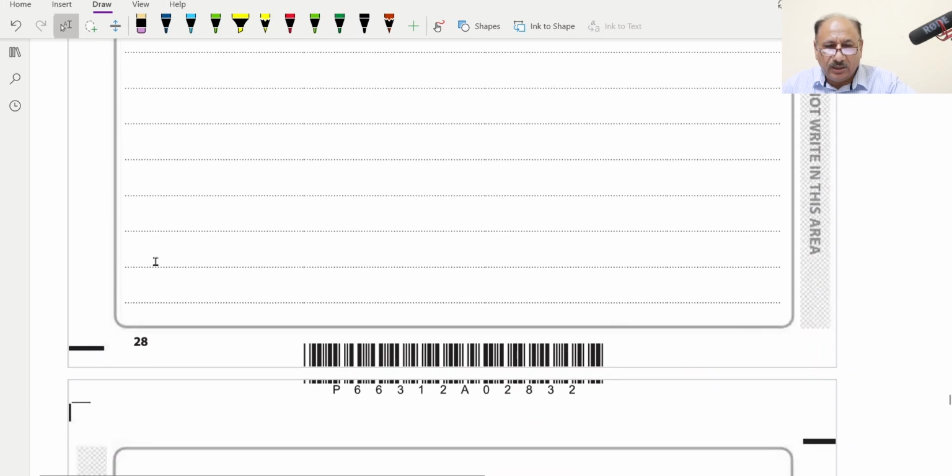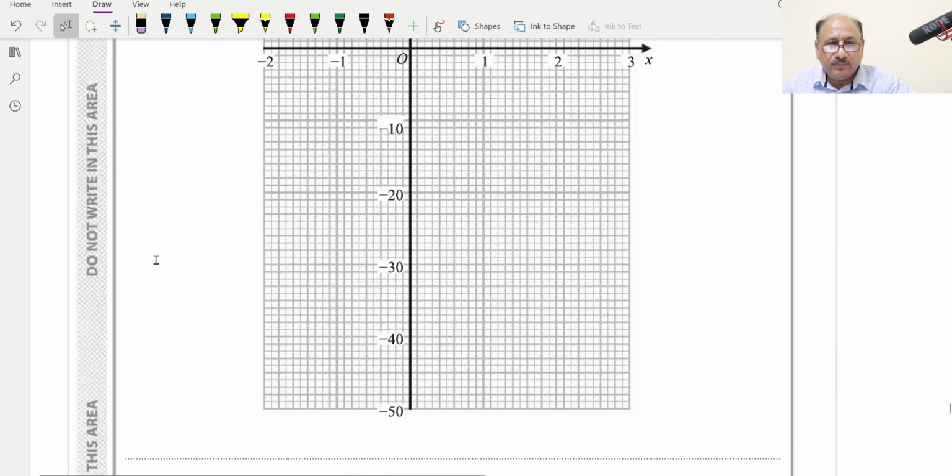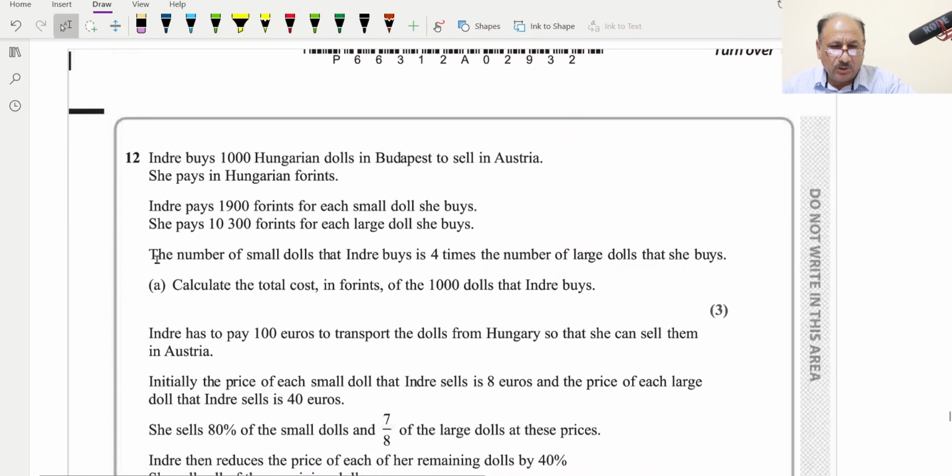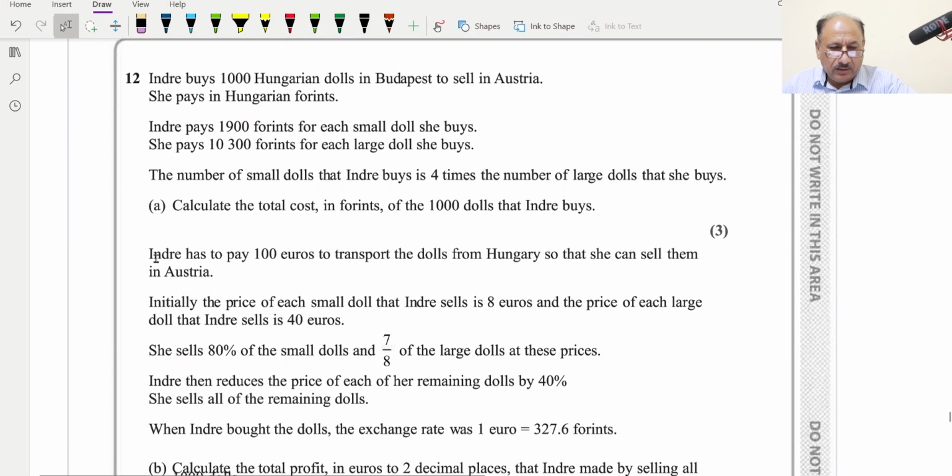Now we can move to the last question of this paper, which is question number 12, and this is also a tricky question. If we go through the question, Inder buys 1000 Hungarian dolls in Budapest to sell in Austria. She pays in Hungarian forints.